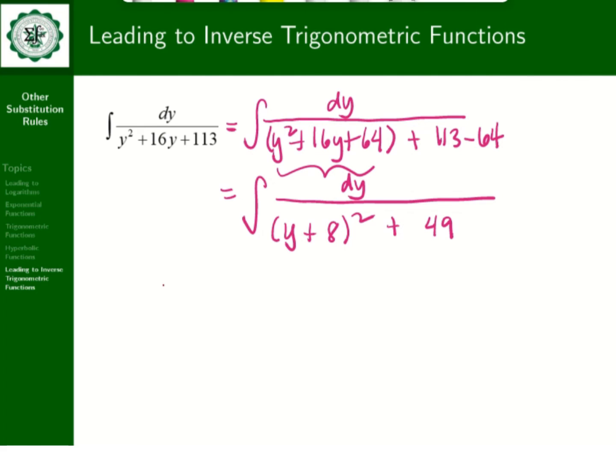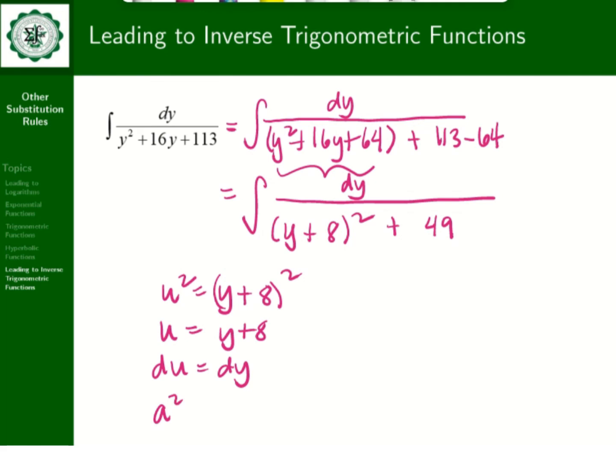Now we let u squared be y plus 8 quantity raised to 2. Therefore u is y plus 8 and du is equal to dy. Also, a squared is 49 and a is 7.